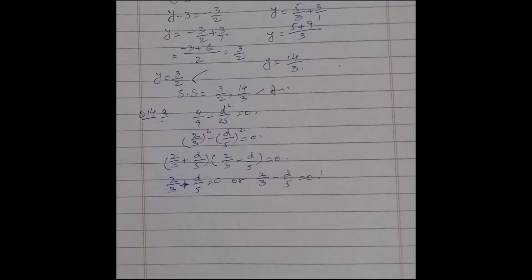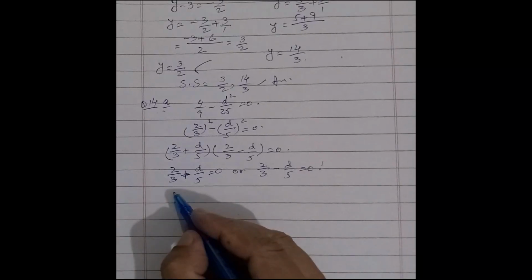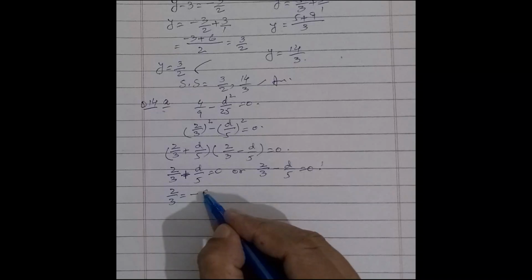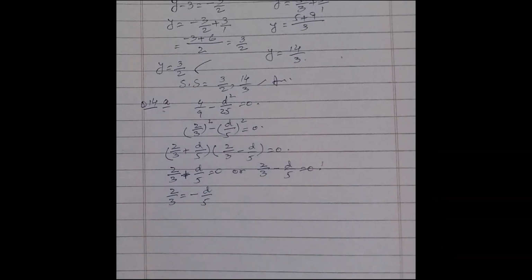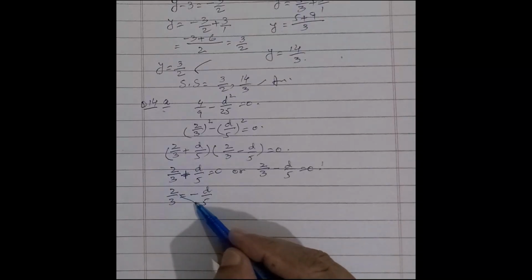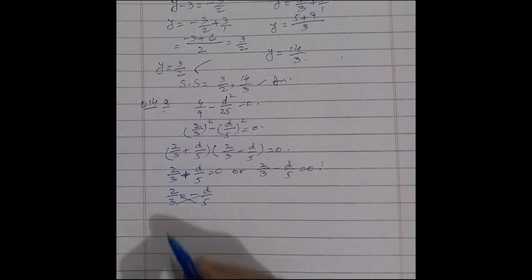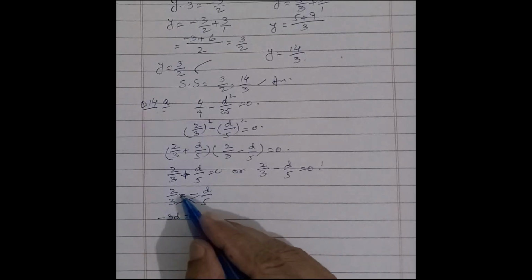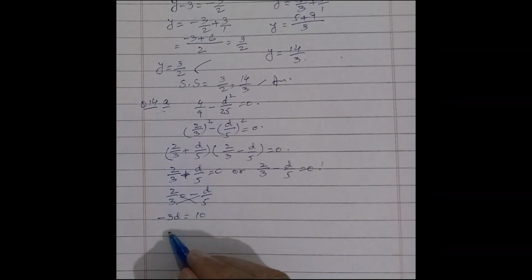Now we simplify further. 2 over 3 is equal to minus d over 5. So we cross multiply. We get minus 3d is equal to 2 fives are 10, and d is equal to minus 10 over 3 is the answer.